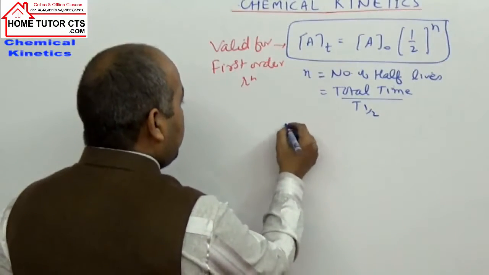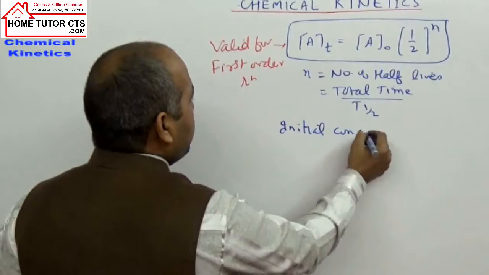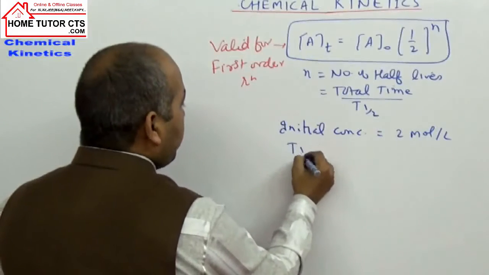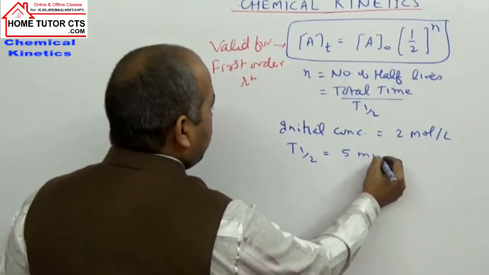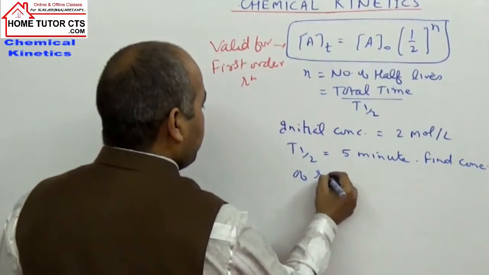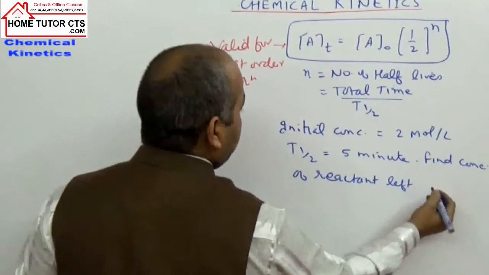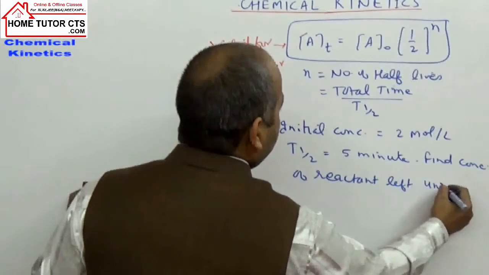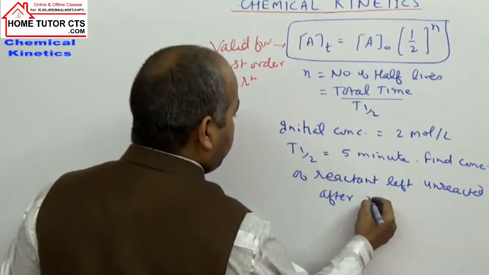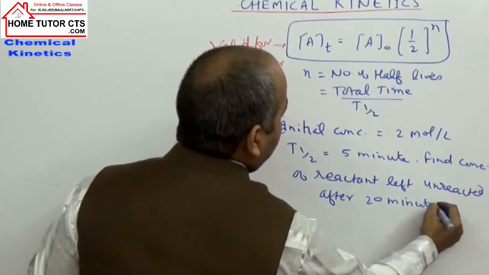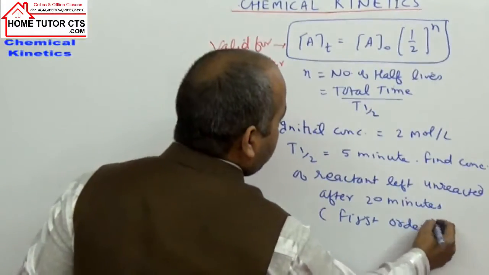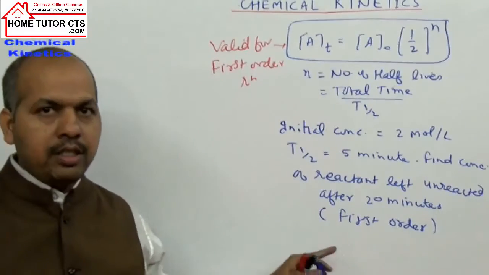If a reactant has an initial concentration of 2 moles per liter, and t half given is 5 minutes, find the concentration of reactant left unreacted after 20 minutes, when 20 minutes have passed, assuming the reaction is first order. In the question it is always mentioned as a first order reaction.